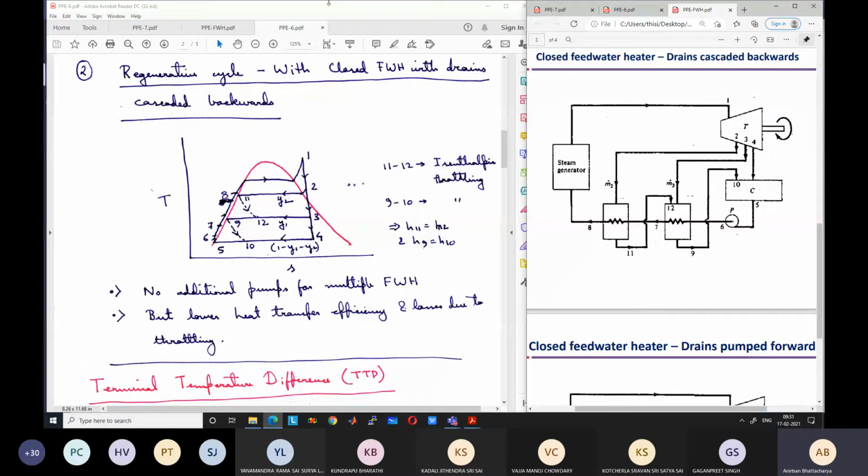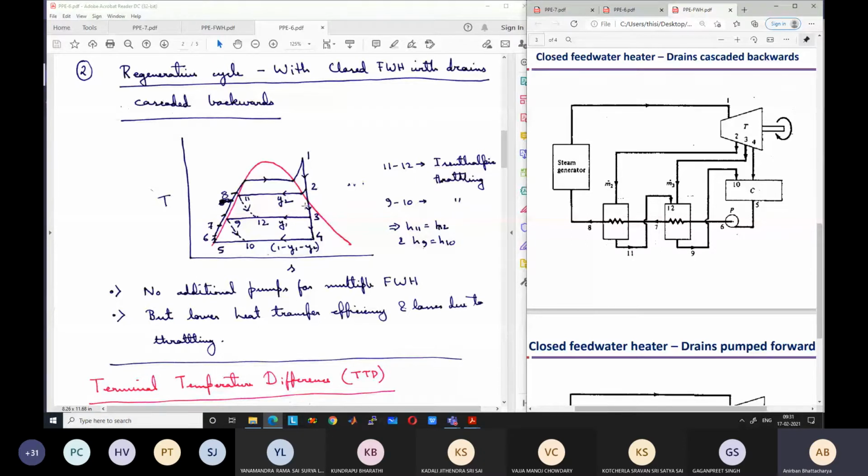Although the numbers may not exactly match, I guess the numbers are matching in this case, luckily. Anyway, so this steam which is at state 1 is taken to state 2 after a few turbine stages, and a small amount equal to Y2 is taken out from the turbine.